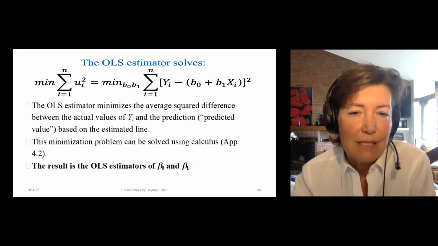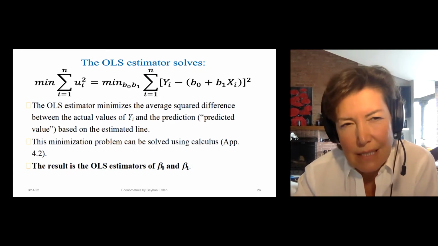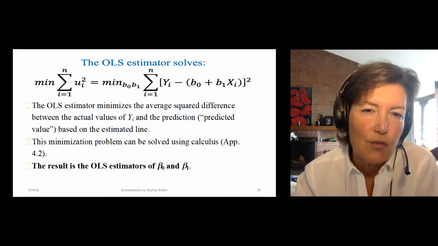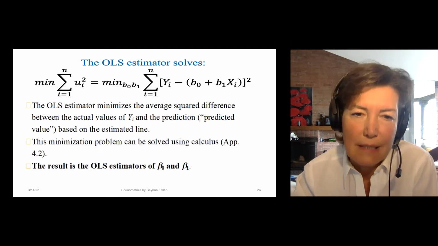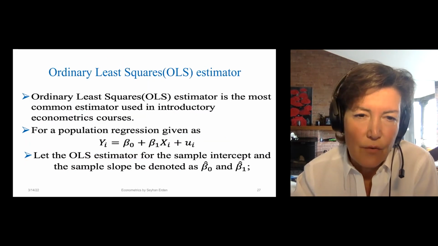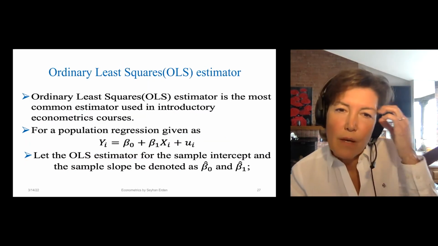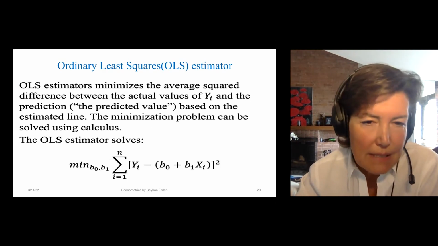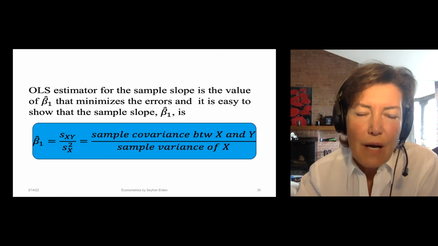We're going to minimize. So you do need some calculus as well: taking the derivative and setting it equal to 0, solving for beta 1 and beta 0, the slope and the intercept. Minimizing that error basically means that we are going to find the estimator.